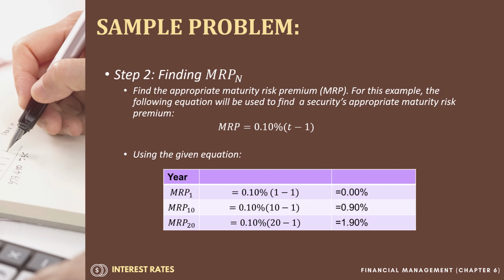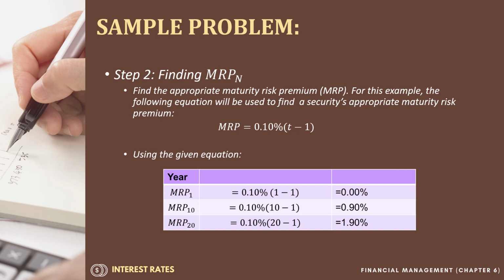Now, the next step is to find the maturity risk premium for n years. We should find the appropriate maturity risk premium, or MRP, for this example. The following equation will be used to find a security's appropriate maturity risk premium.